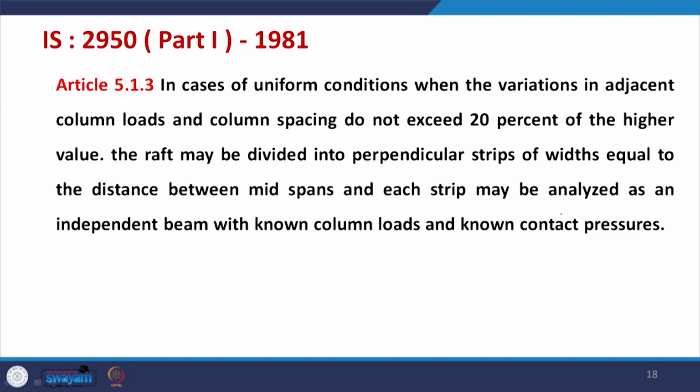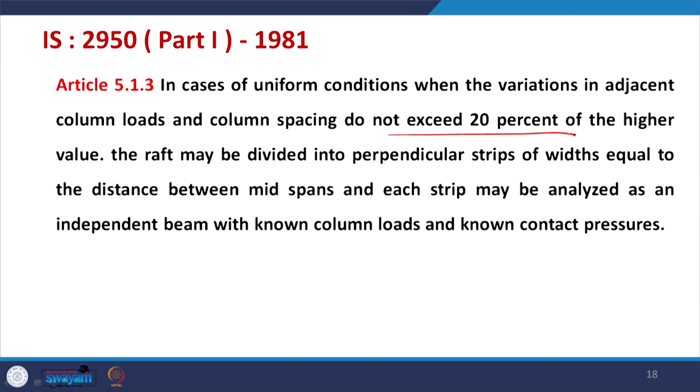There is also a clause that continues for this method. In case of uniform conditions, when the variation in adjacent column loads and column spacings does not exceed 20% of the higher value, the raft may be divided into perpendicular strips of width equal to the distance between mid spans, and each strip may be analyzed as an independent beam with known column loads and known contact pressure. When you have a number of beams, there will be coupling between those beams, and it will be difficult to design.